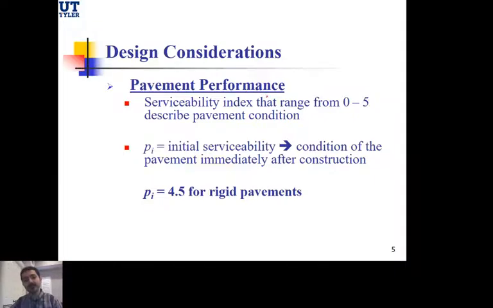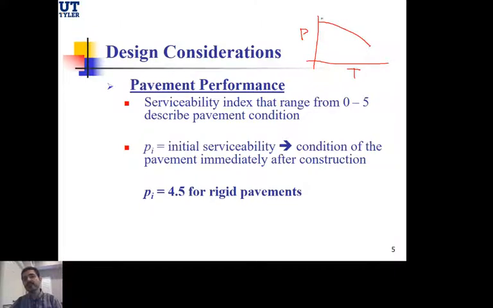The first one is the pavement performance. Again, we're using the same serviceability index that ranges with time. If we draw here the x-axis, the time, and this is the y-axis, the pavement performance. We start with a high number when we construct the pavement, and with time, the performance goes down.